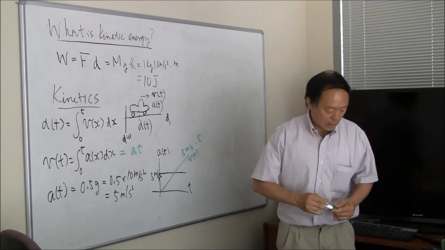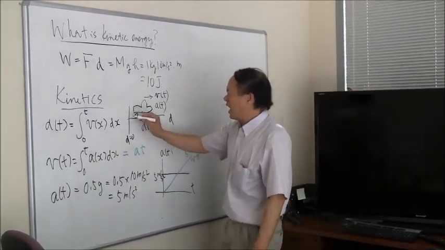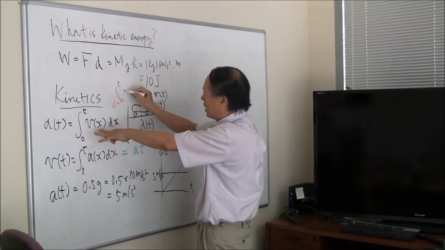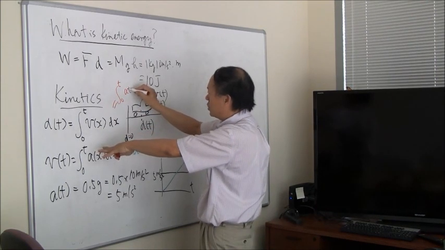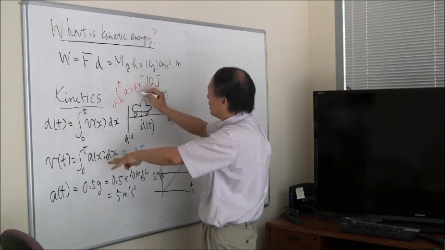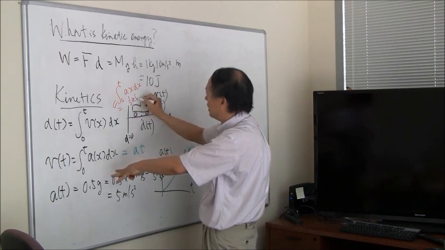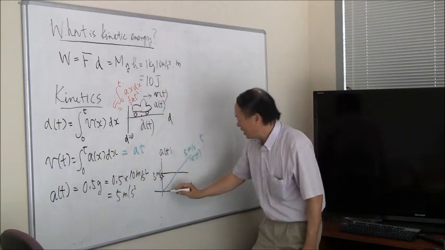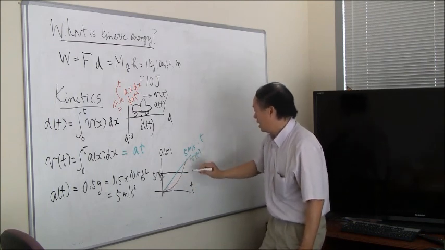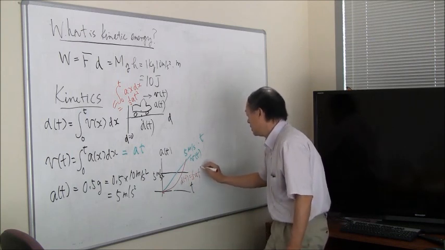Now, if you look at the distance, and I use the red color here, this is the integration from 0 to t of v, which is a times t, and therefore this integration is equal to 1/2 a t squared. So the distance traveled by my Tesla would go up as d of t equal to 1/2 a t squared.